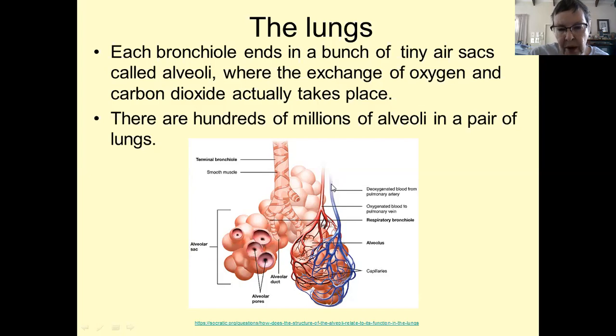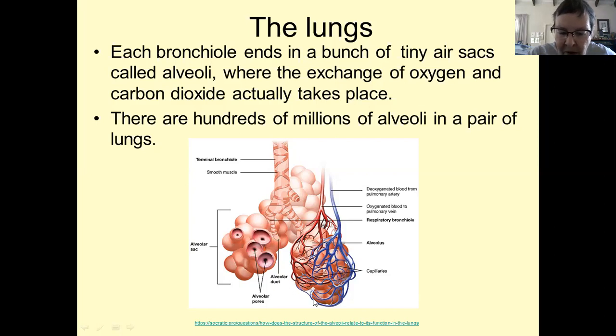Remember that you should have learned in grade 10 that arteries divide into smaller arteries, which divide into even smaller arteries, and those very small arteries are called arterioles. So this would be an arteriole, which then divides into even smaller blood vessels called capillaries.